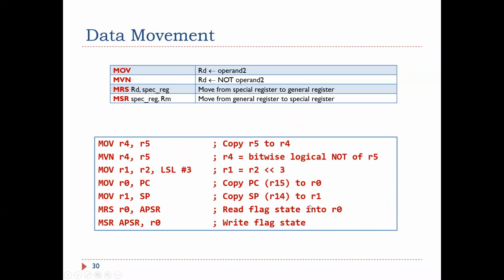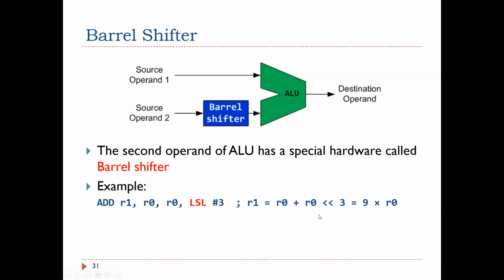So ultimately, by shifting 3 times, the R0 becomes 8R0, plus the R0, so you get 9R0. So you could achieve the same result by doing a multiplication, meaning you can multiply R0 by 9 and you get the same result.